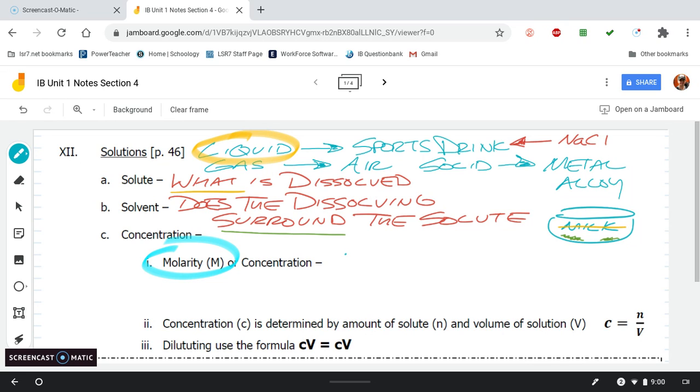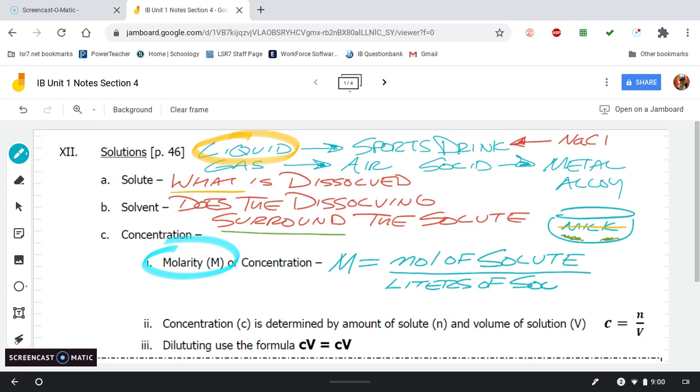Molarity, capital M, is moles of solute divided by, so it's a math problem, liters of solution. And then we basically simplify that down to molarity, capital M, equals moles over liters.